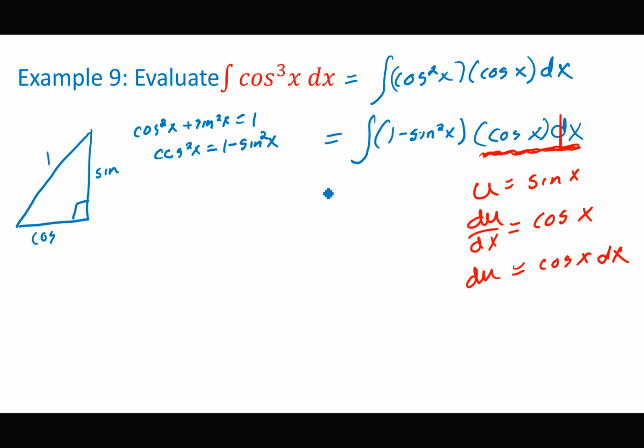So getting back to our problem, we have an integral of 1 minus, now instead of saying sine squared of x, this is simply u squared, and cosine of x dx becomes du.